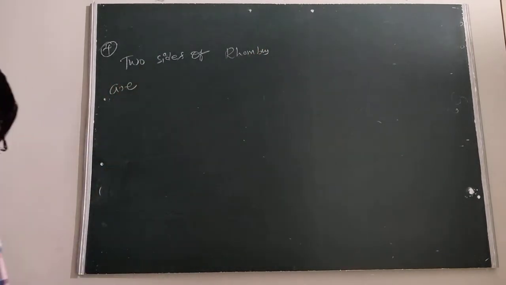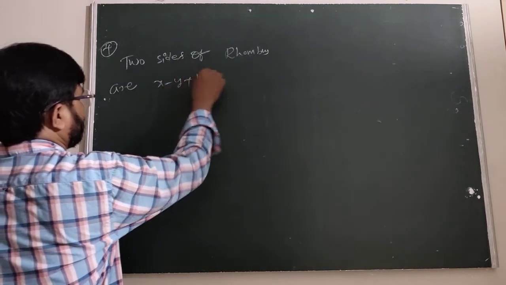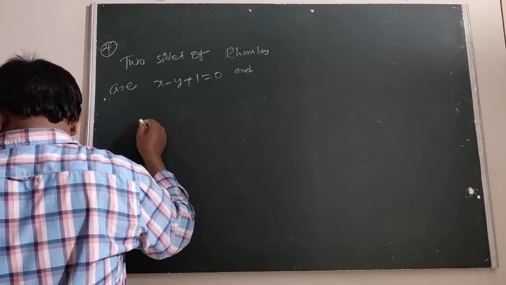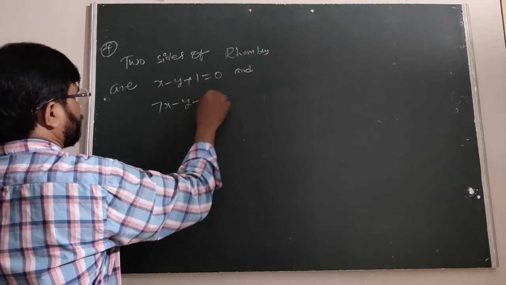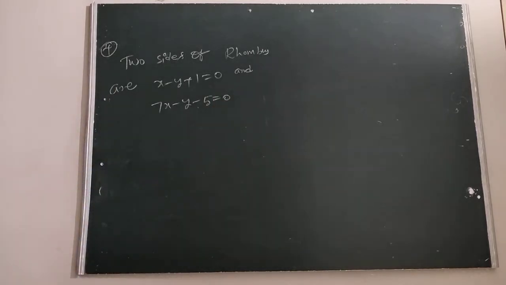Two sides of a rhombus are x minus y plus 1 equal to 0 and 7x minus y minus 5 equal to 0. Is it clear?